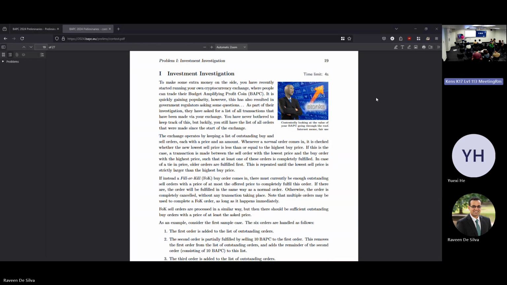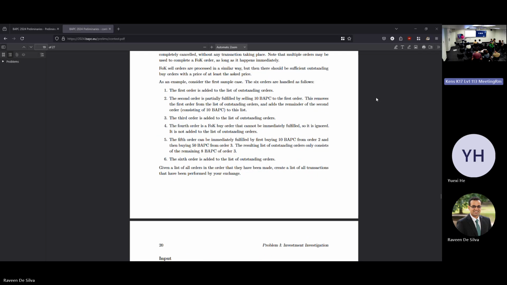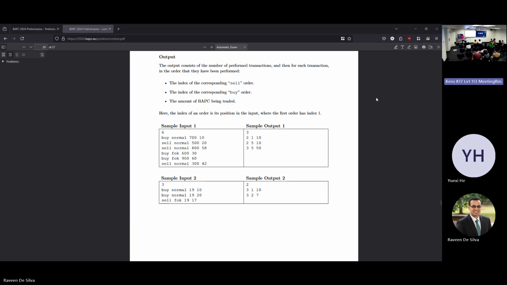Okay, so problem I, we have this exchange that has a list of buy and sell orders, each with an amount and a price. So let's look at the sample. There are two types of orders: normal and fill or kill, which we will get back to.